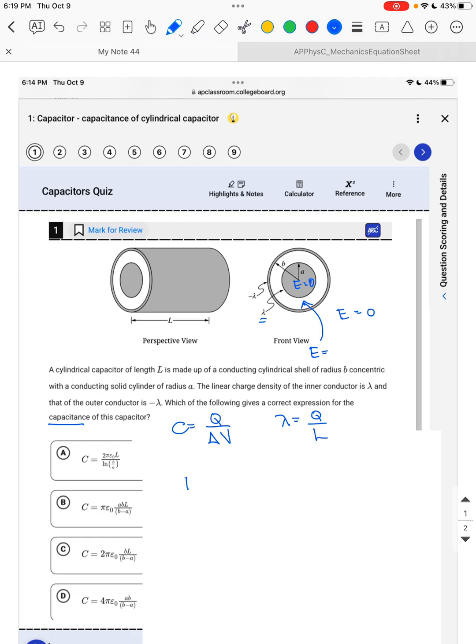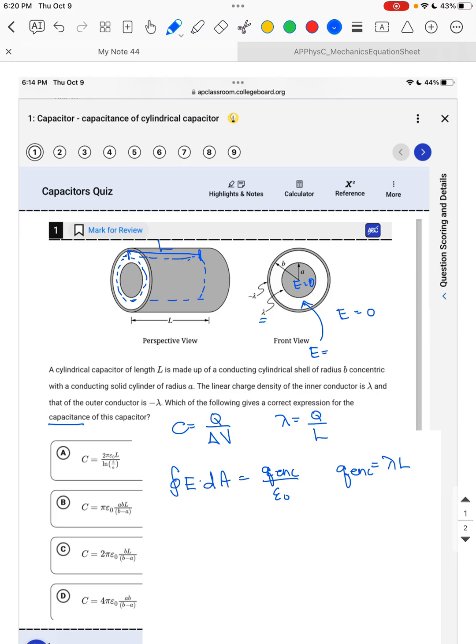Okay, so Gauss's law is how we find our electric field, which is the closed integral of E dot dA is equal to the Q enclosed over epsilon naught. The area is going to be a Gaussian surface that is somewhere in the center here. And then we're going to give it a predetermined length of L. So in this case, my Q enclosed is going to be lambda L, and I can plug that into my expression.